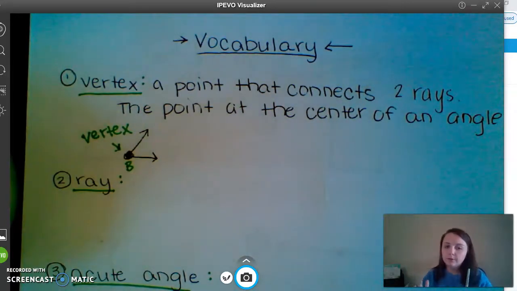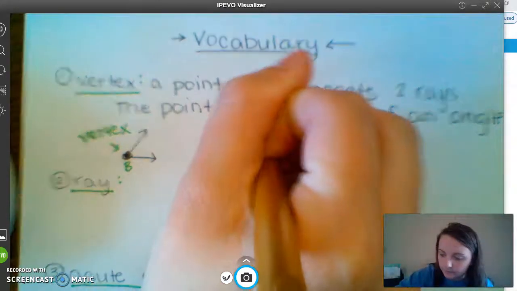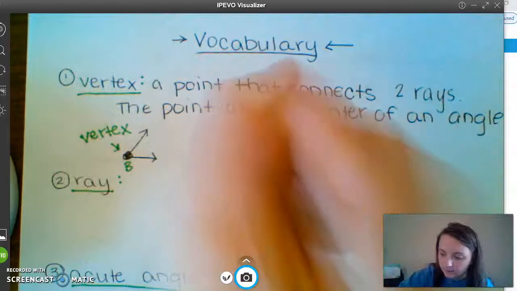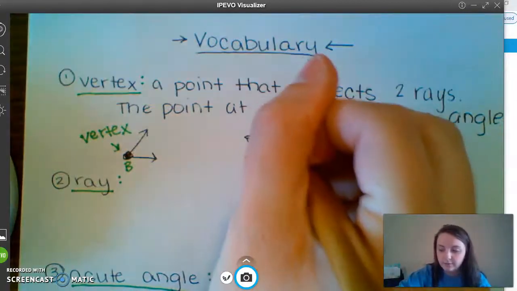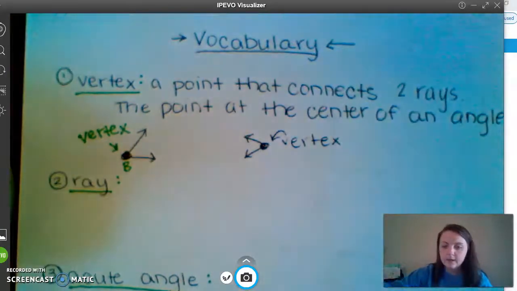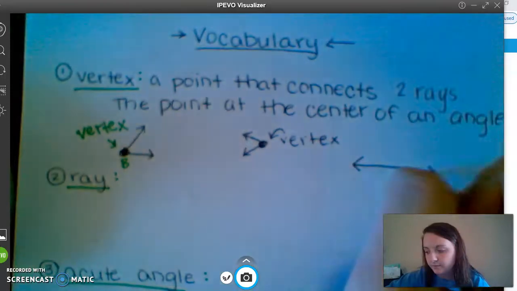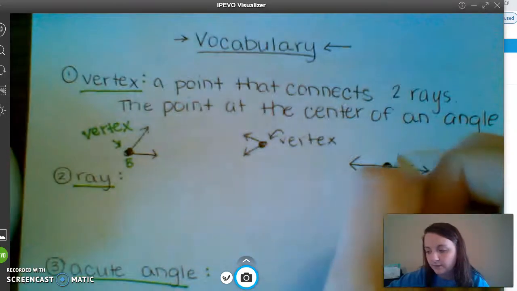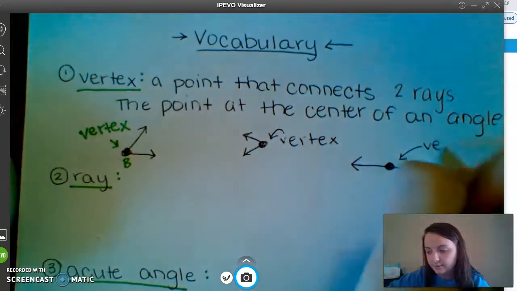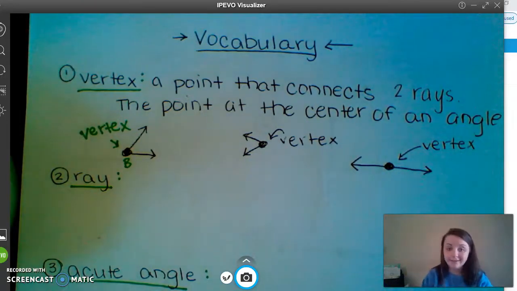So just so you're aware, if we flip it the other way, your vertex would be right there. Another example, we have this angle. That's your vertex. Okay, so vertex is just the point that is in the center of an angle. So it's the point where two things come off of it.